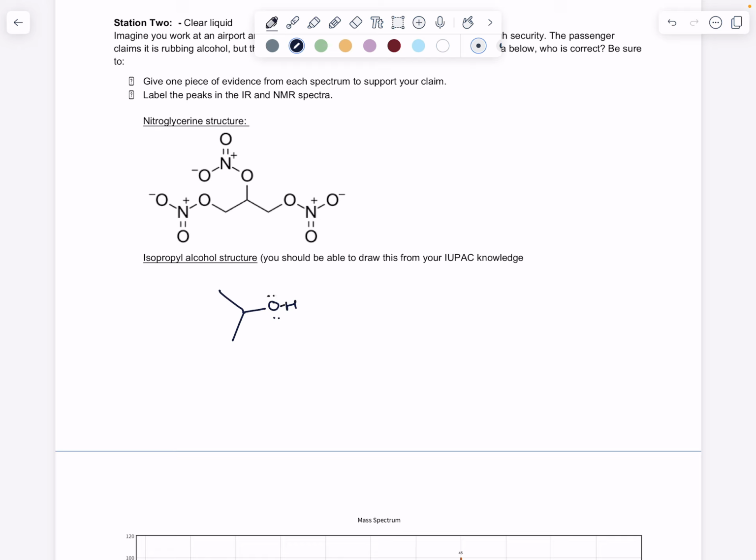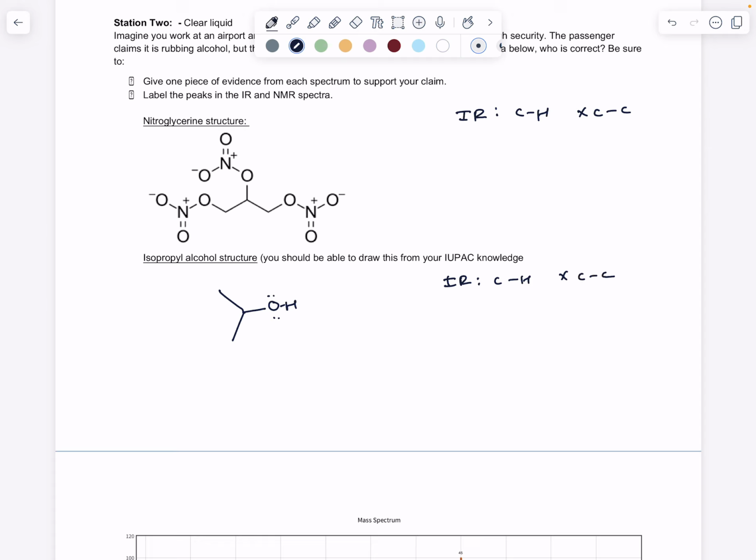So the first thing I'm going to do, if it's me trying to solve this, is look for what important bonds we're likely to see in our IR. We always see carbon-hydrogen bonds, so those aren't the most helpful. We don't usually see carbon-carbon bonds because they show up in the fingerprint region.